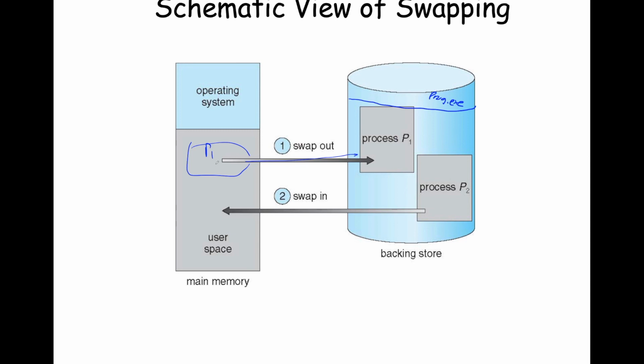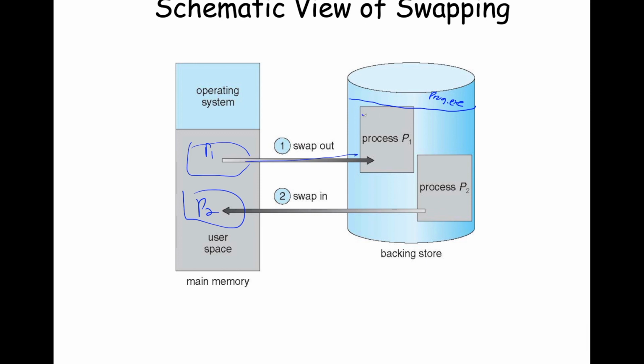But nonetheless, we have a process P1 in memory. We swap it out. It's now in the backing store. Process P2 is selected and swapped into memory, so here's process P2. And so this backing store is like an additional piece of memory. It's slower, albeit, but it's used to store the executable image of the process.